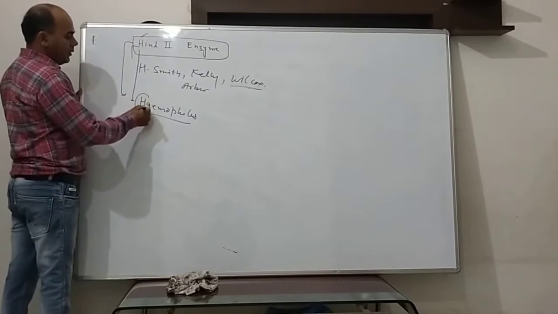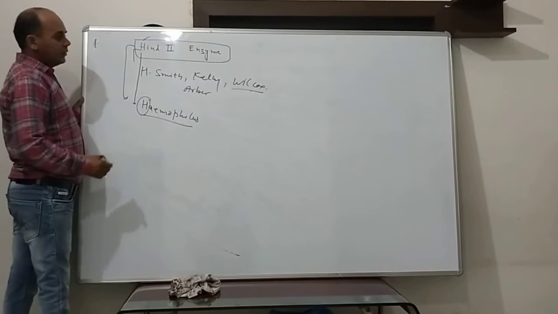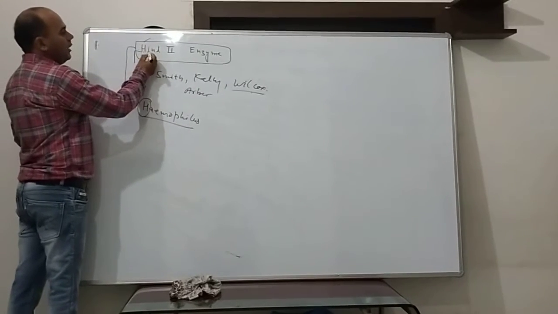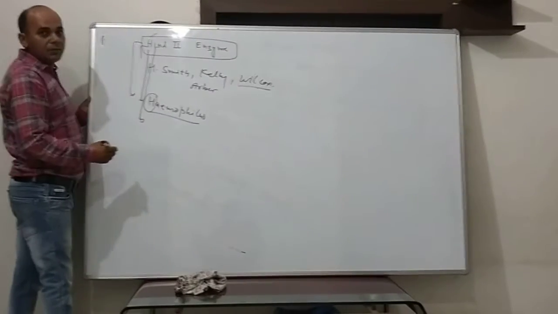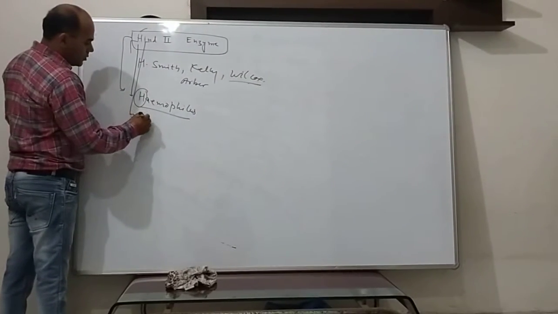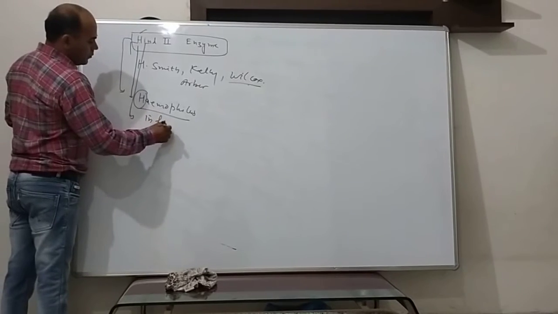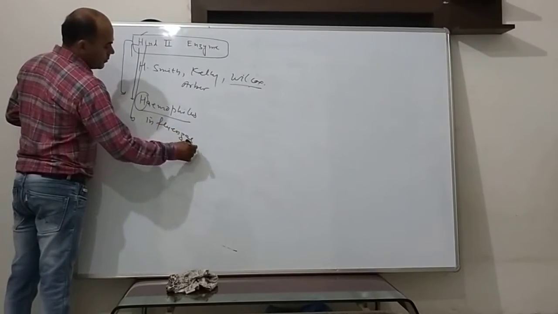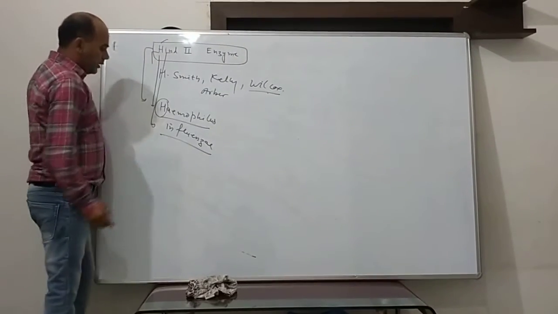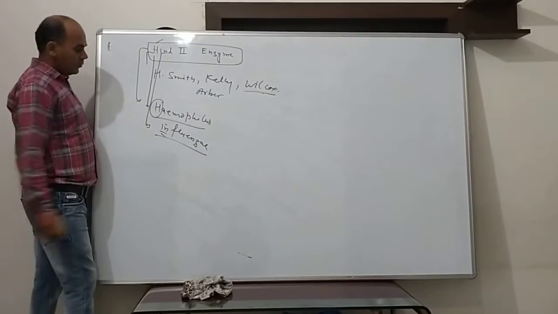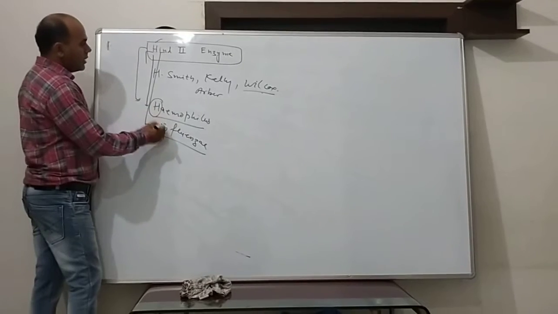So here the capital H is taken. The second two letters, IN, are taken from the next name of this bacteria, which is influenzae. So what they write is HIN.